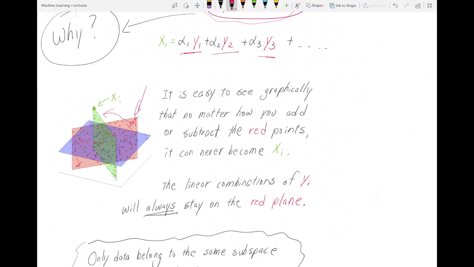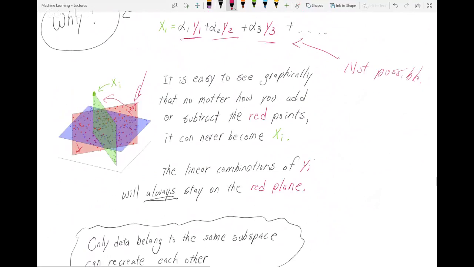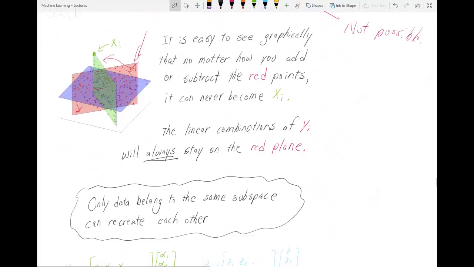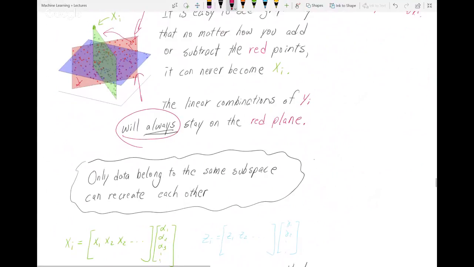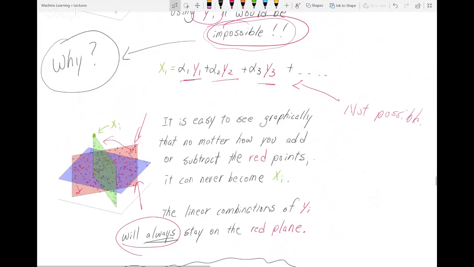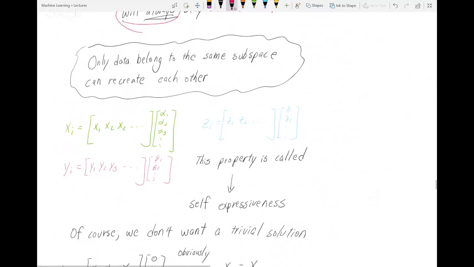So it's just not possible. The linear combination of y will always stay on the red plane, so the only way data can be represented is in its own subspace.